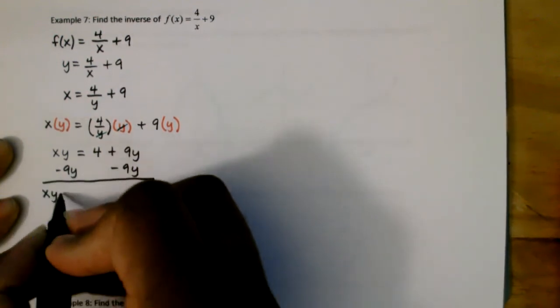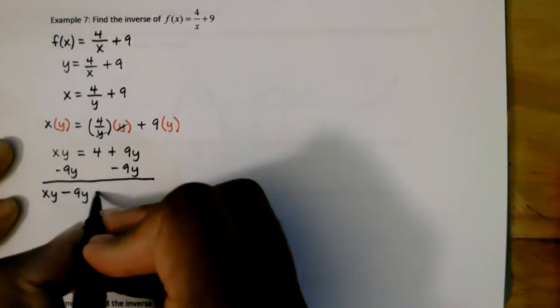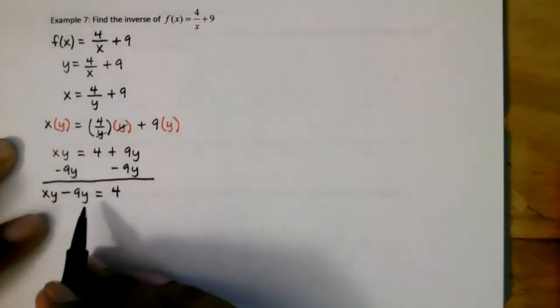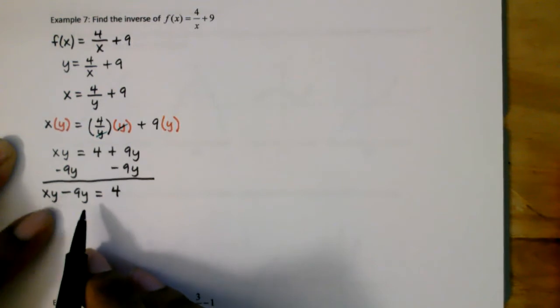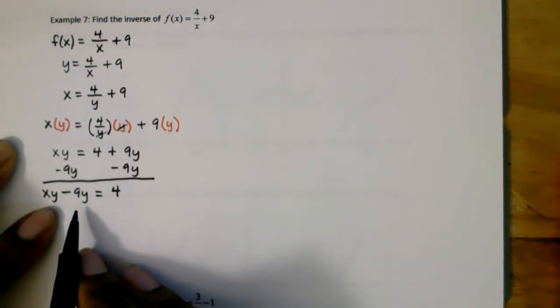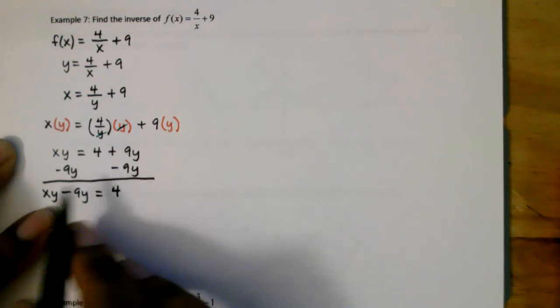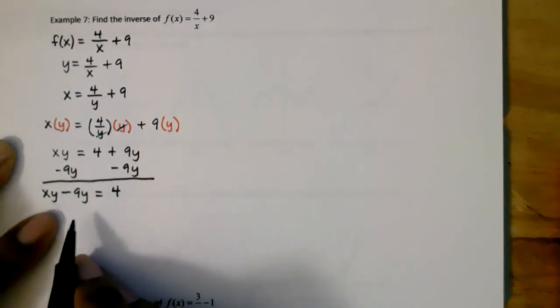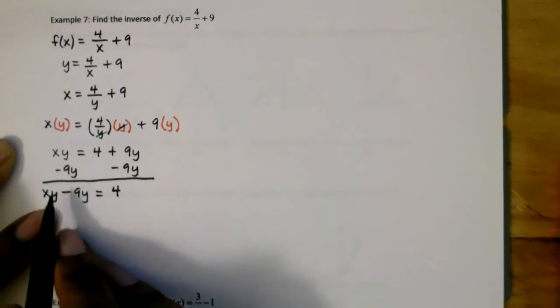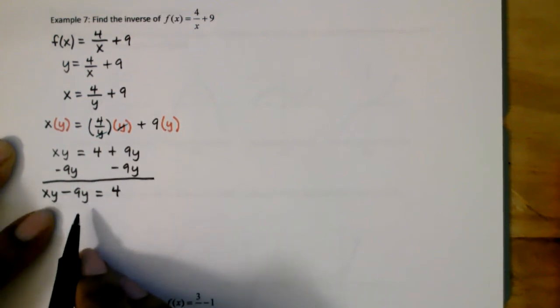So this will be xy minus 9y is equal to 4. Because notice here, I have a common factor of y in these two terms. So that's why I moved that 9y over, so I have those common factors on the same side. That way I can factor out this y.